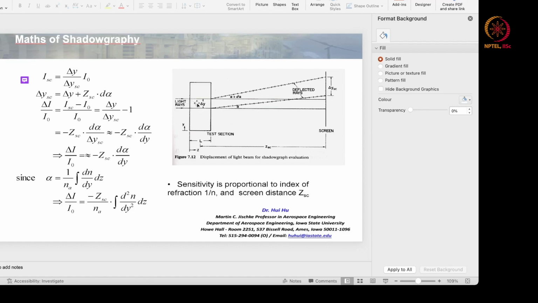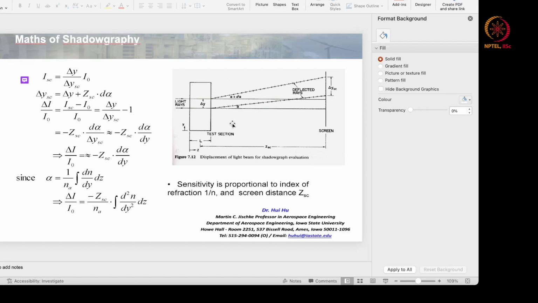As it goes through this test section, which has a width of L, the length from the middle of the test section to the end of the screen is ZSC. This is where the Z starts from, and this is where Y starts from. This is where I have fixed my axes.